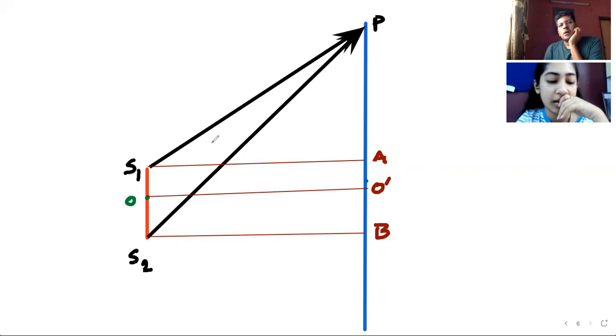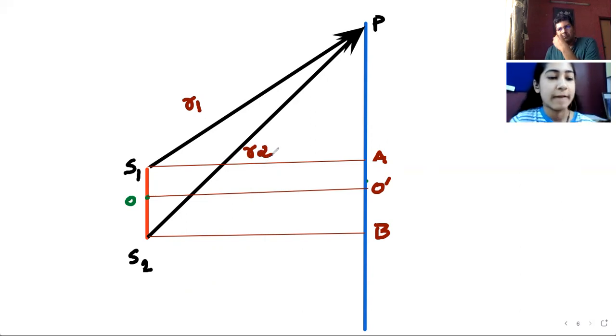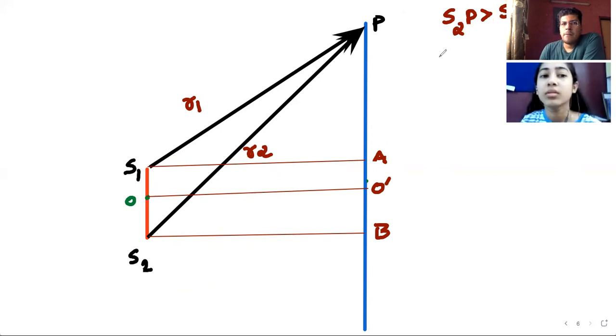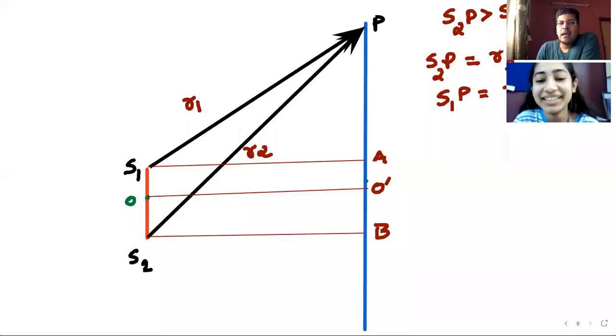Okay, this is my S1P path. It is called my vector R1, or only R1, and the S2P path is called R2. You can see that my S2P path is longer compared to S1P.